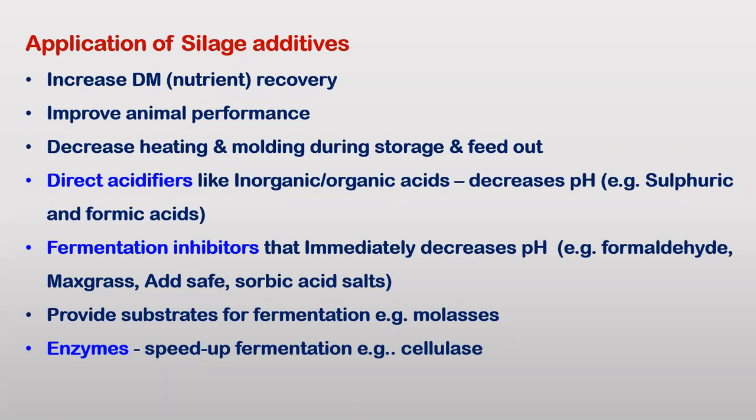If substrate is provided for the bacteria, then more lactic acid will be produced. So for better fermentation, we can use molasses. Some enzymes are also used to speed up the fermentation process, like cellulase and xylanase. So these enzymes are also used.